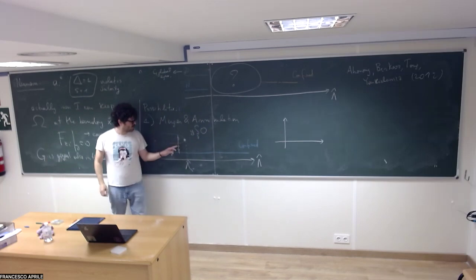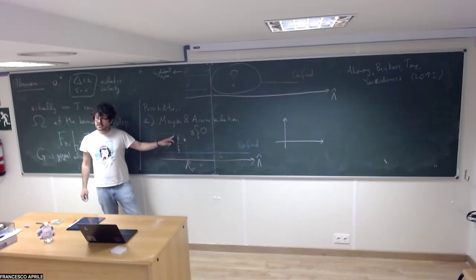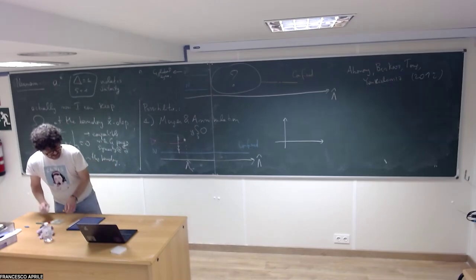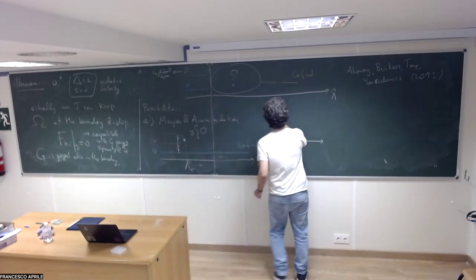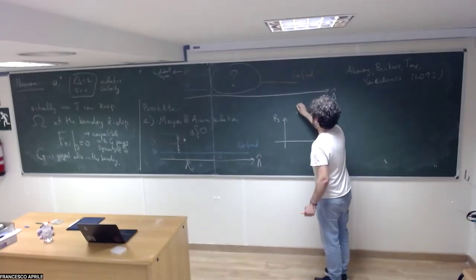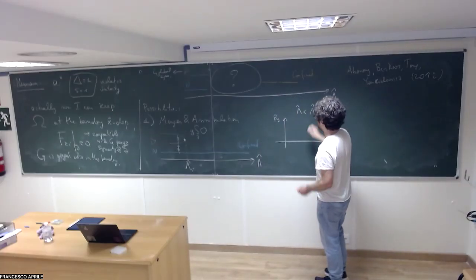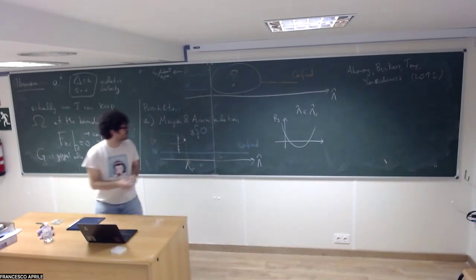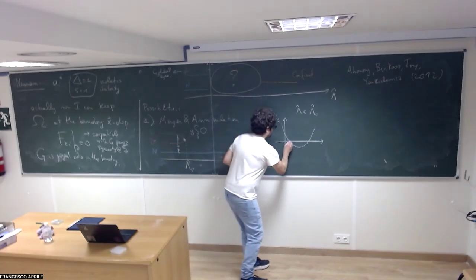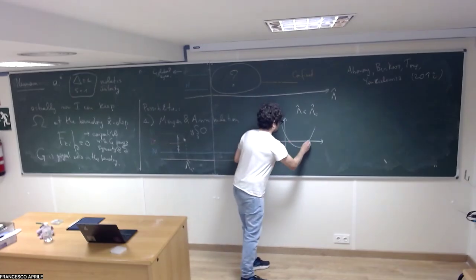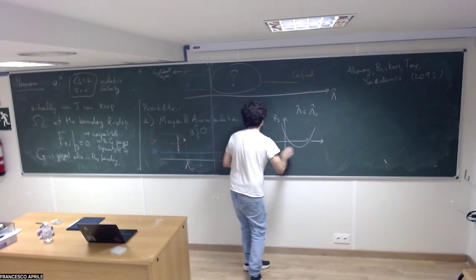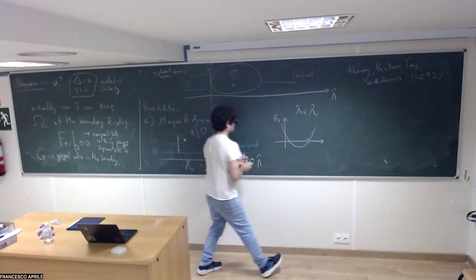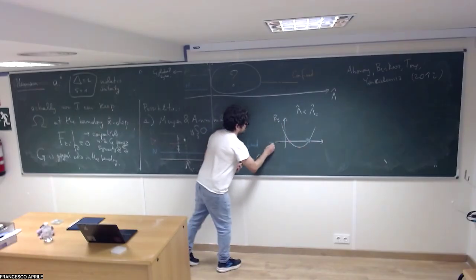And this operator O should be relevant in D star, irrelevant in D. And so we expect that when lambda is smaller than the critical value, it should have these fixed points, the repulsive one, and the attractive one is Dirichlet.